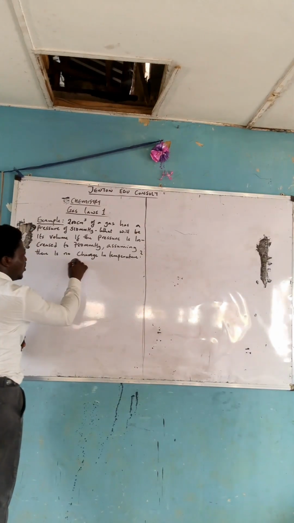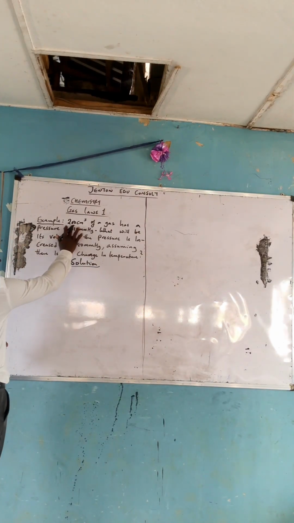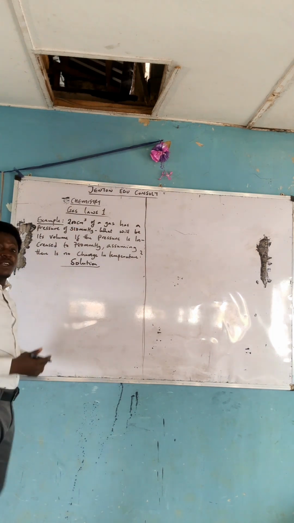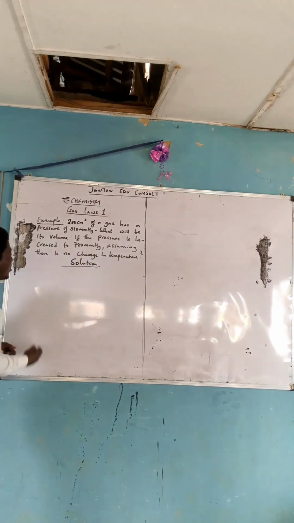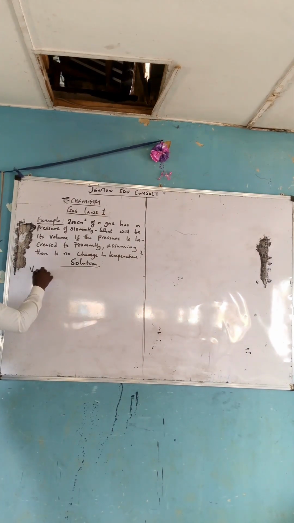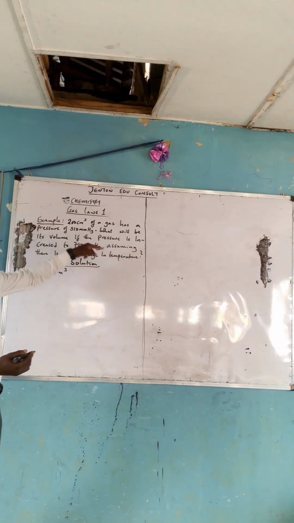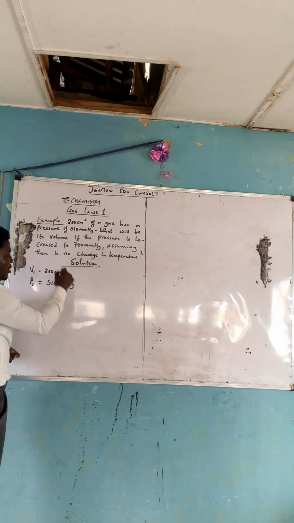Now, looking at the solution, the first part of the question says 200 centimeter cube of a gas. Centimeter cube is a unit of measurement of volume of gas, okay? So it means we're given the first volume to be 200 centimeter cube. It has a pressure of 510 millimeter mercury, so we're also given the first pressure of 510 millimeter mercury.